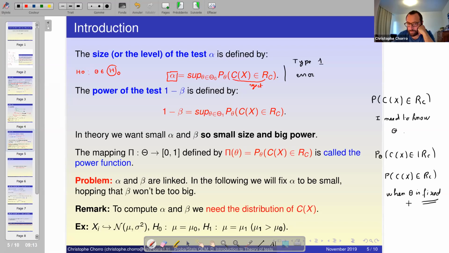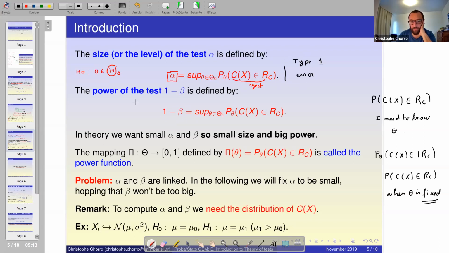So typically, I take my capital theta 0, compute the probability of rejecting my hypothesis under all the parameters belonging to capital theta 0, and take the supremum. It's what I call the level or the size of the test, which is related to the type 1 error.